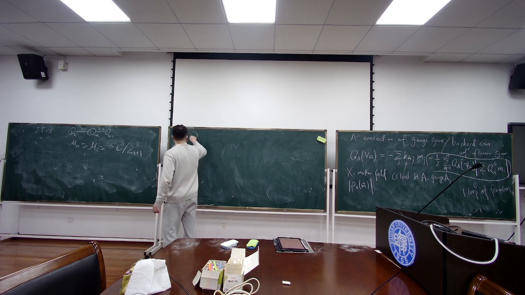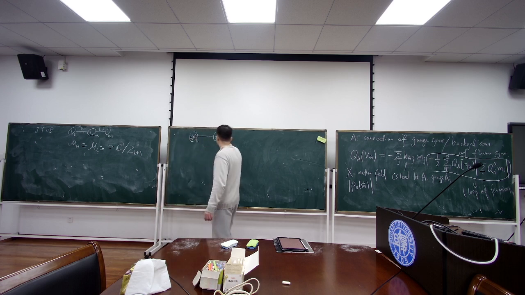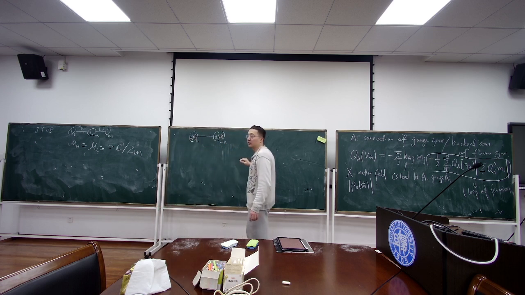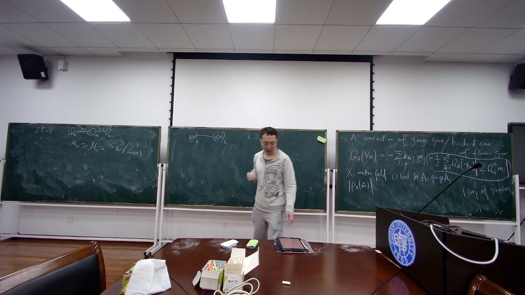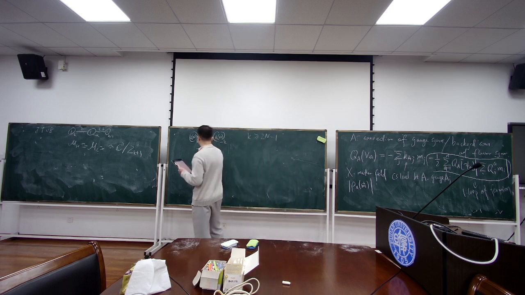So let's consider the non-abelian case. For simplicity, let me start with U(N) at level minus K. And to have a good theory, I have to have the constraint that K is greater than or equal to 2N minus 1. So this K has to be large enough. In this case, the Coulomb branch index is still 1.